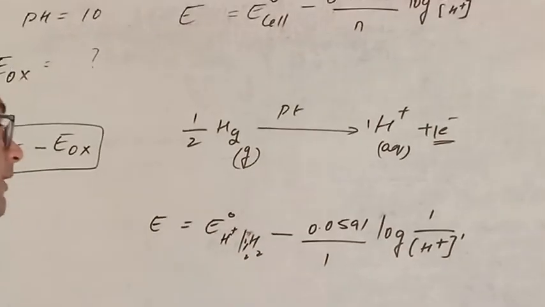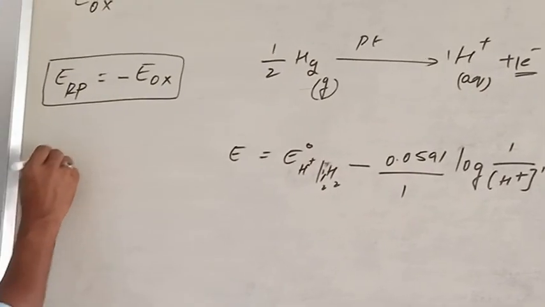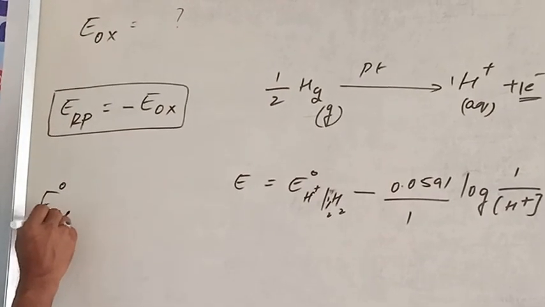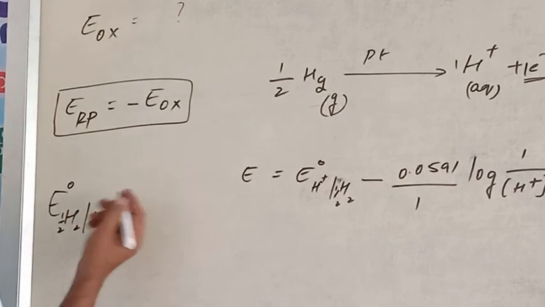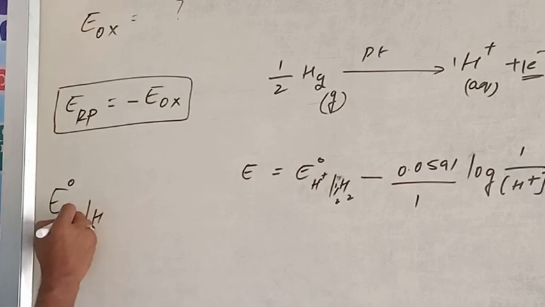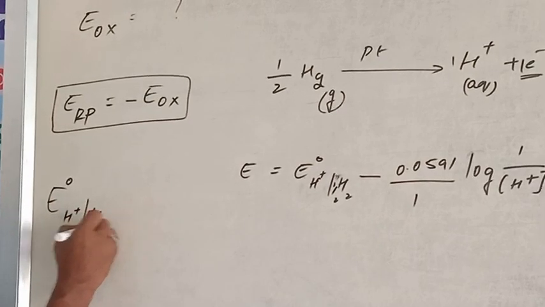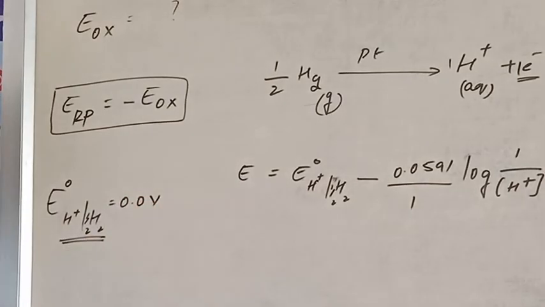Now the standard electrode potential of hydrogen, or you can write the reverse also, no problem at all, is equal to 0.0 volt. This value is a known value.